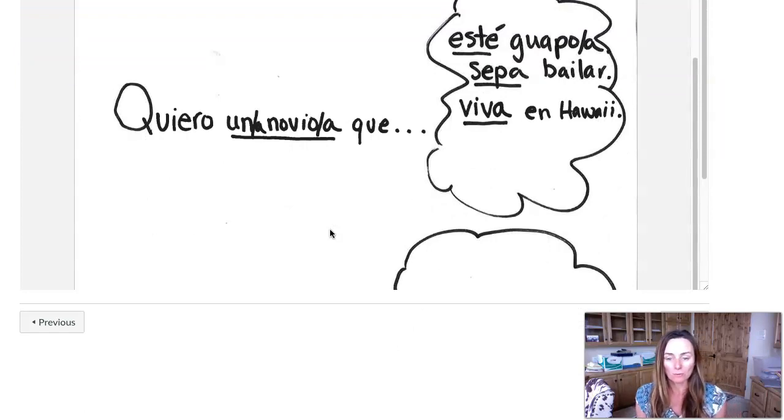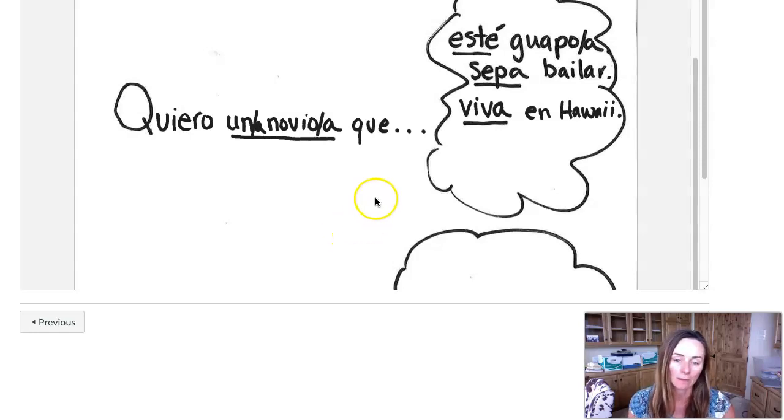So whatever you want to say, your wants and desires are, you'd use the subjunctive here. And you're going to notice that you keep on using the same verbs like esté, sepa, viva. The verb ser would be sea, inteligente. So ser, estar, tener, you use mucho, ¿no?